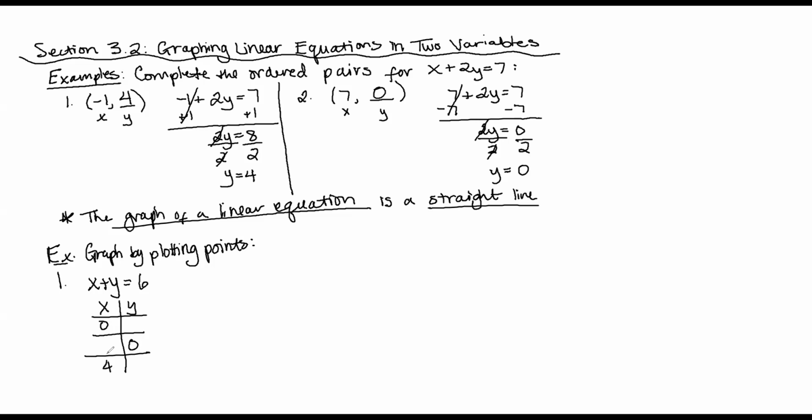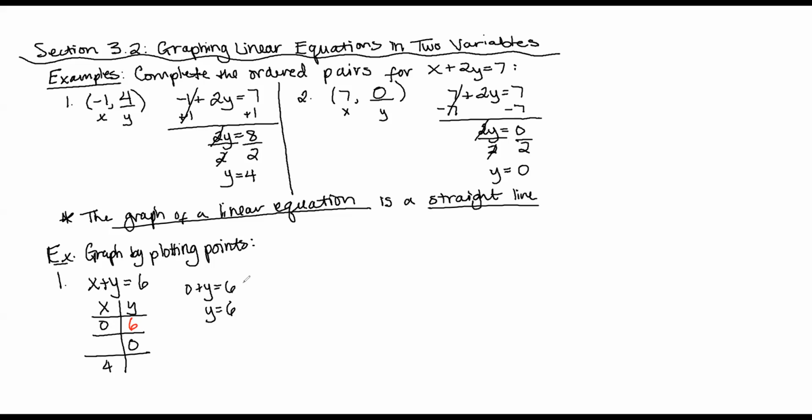So remember, we want to plug each of these values in separately and figure out the missing points. So if we plug in 0 for x, we get 0 plus y equals 6. 0 plus y is just y equals 6. Super nice one there. We go ahead and just put 6 in for that y coordinate. Now let's go ahead and do the same thing for the y coordinate of 0.